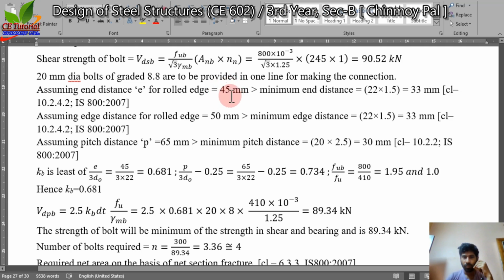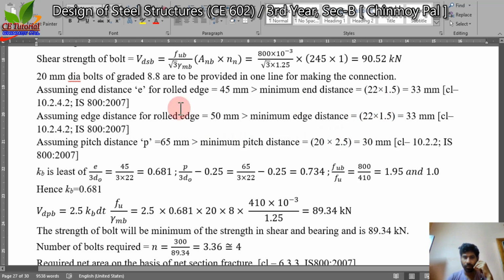The minimum end distance is 1.5 multiplied by bolt hole diameter, that is 33, but we are providing 45 mm. The edge distance we are providing is 50 mm, and the minimum edge distance is 1.5 multiplied by bolt hole diameter. The provided edge distance and end distance are greater than the minimum. Now the pitch distance, we are providing 65 mm, which is also greater than the minimum pitch distance.